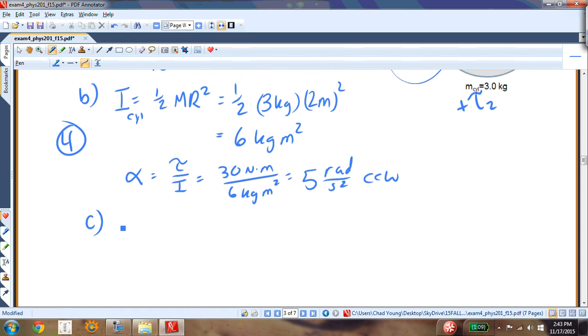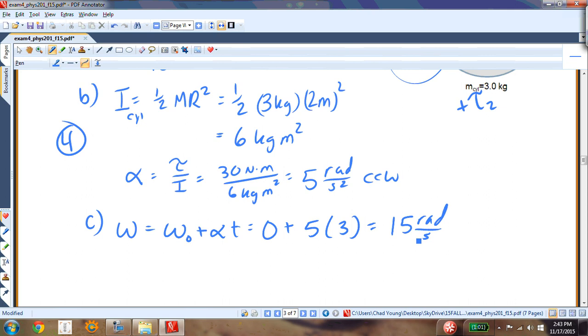And then C, I want to know the angular speed after 3 seconds. This is my angular acceleration, and this is my time, 3 seconds. And then D, I want to know the kinetic energy. That's 1/2 I omega squared.